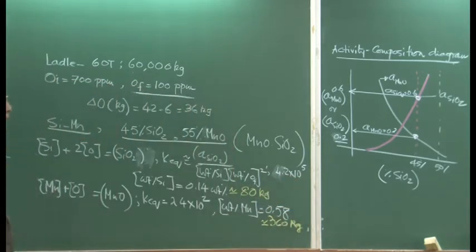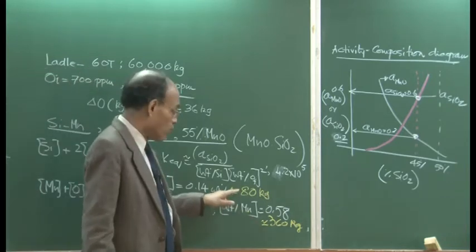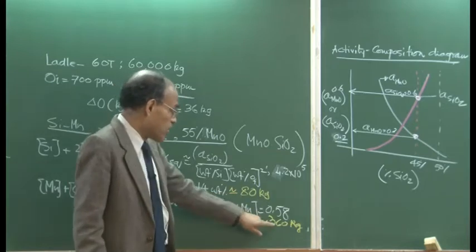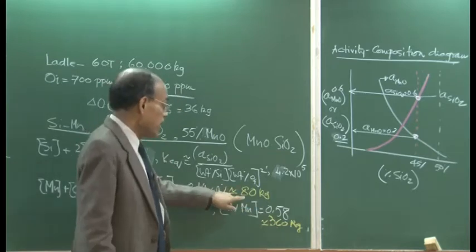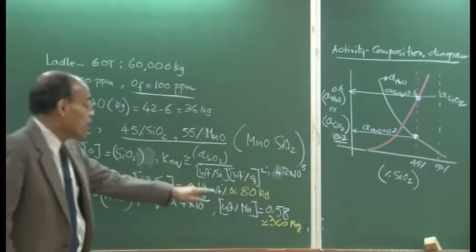That is the value that we have. So, total manganese in steel, which I have written in yellow chalk, is about 360 kg and silicon 80 kg. So, that is the equilibrium part of the calculation.